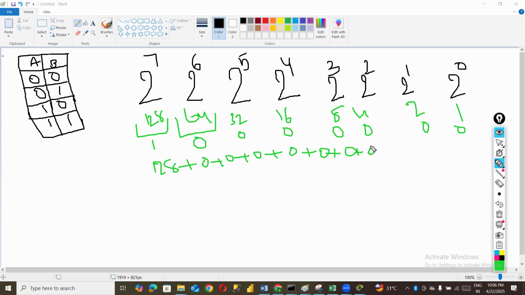So what is the total value? 128. What is our class B range? 128 to 191. So since first one is reserved, the second one is also reserved. It will result with 0 remaining. So when we are finding the minimum value, we'll take all zeros. And now the minimum value is 128. Okay. So this is our starting range.